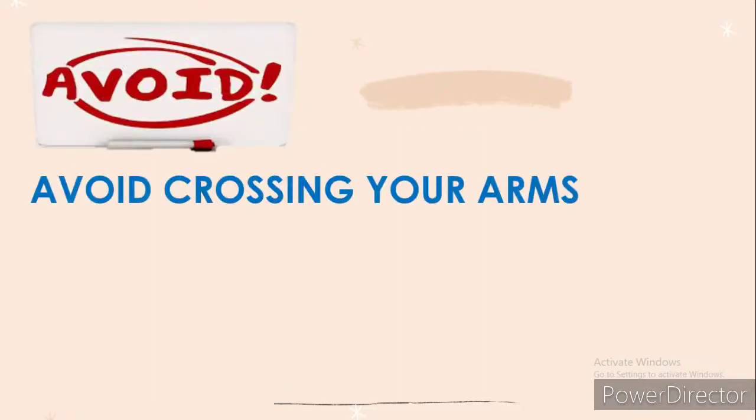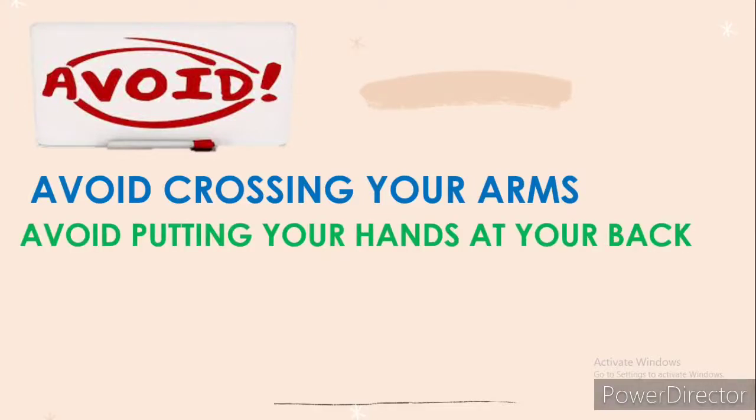Then, avoid these nonverbal behaviors as much as possible. Number 1, avoid crossing your arms. It makes you look defensive. Avoid putting your hands at your back. It would mean that you are hiding something.